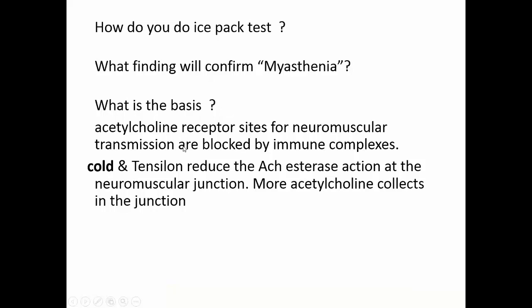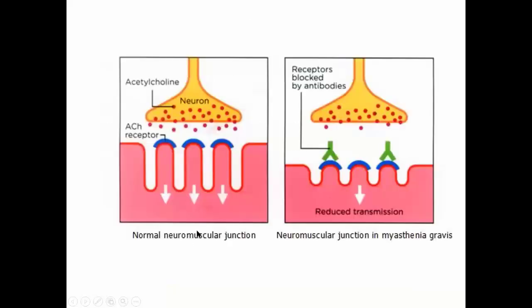The basis of myasthenia is that you have acetylcholine receptors at the neuromuscular junction, where at the motor plate they release acetylcholine, and there are acetylcholine receptors here, and it is taken up, normal neuromuscular transmission occurs, and the muscle movement occurs. In this case, in myasthenia, we're talking about levator palpebrae superioris.